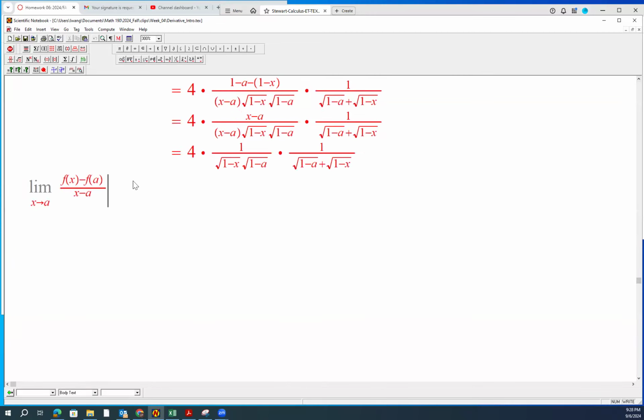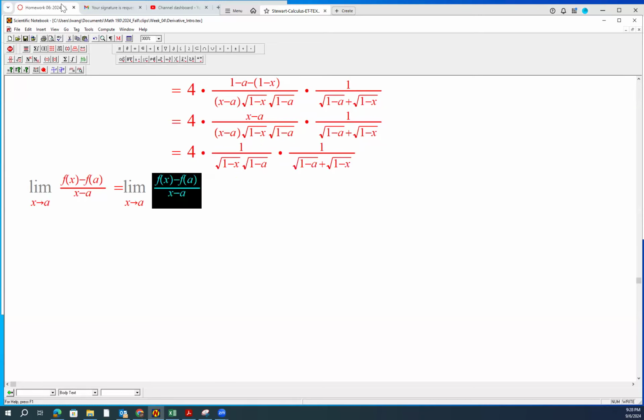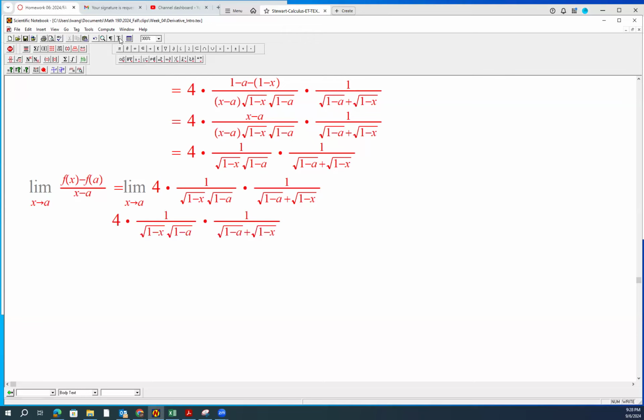So now that limit is simply going to be the form that we worked out. Can we directly substitute? Yes, we can directly substitute because no worries about the zero denominator. So x is turning into a. Look what we got.